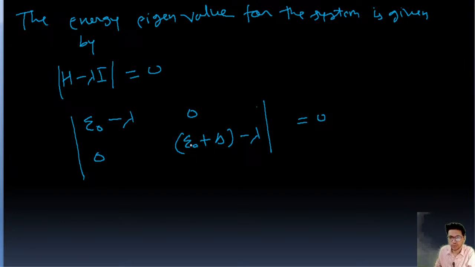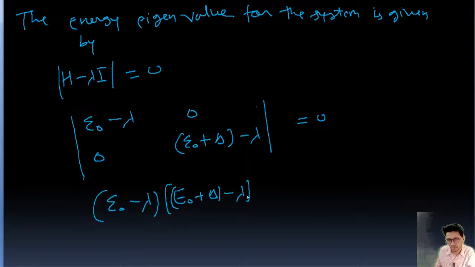So we'll solve it. This is going to be E naught minus lambda into E naught plus delta minus lambda equal to 0, right?